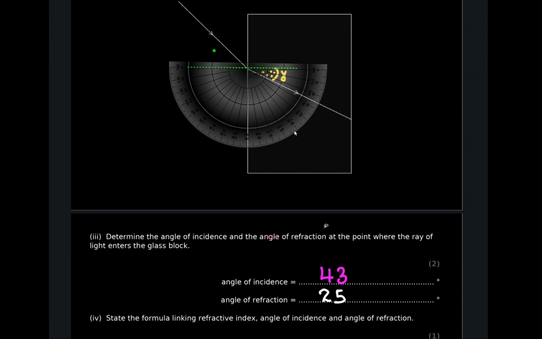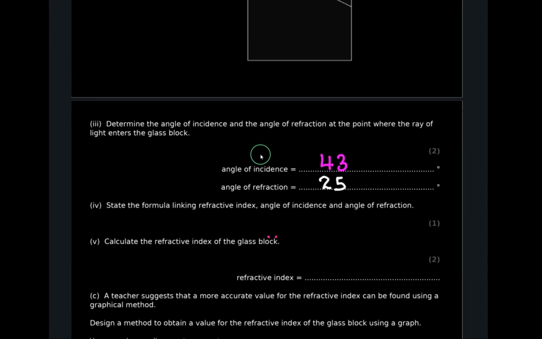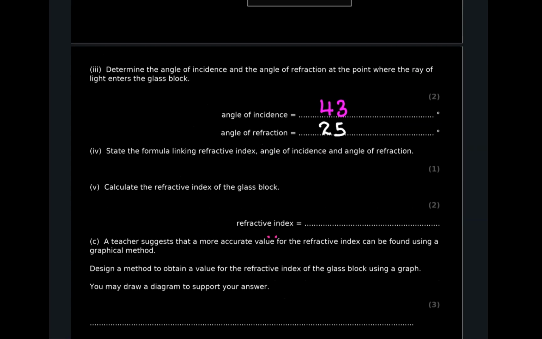State the formula linking refractive index, angle of incidence, and the angle of refraction. In this case, we are going to write that because this is not the first time we are mentioning this. We're going to use that formula to work out the refractive index, substituting exactly what you are able to measure above.